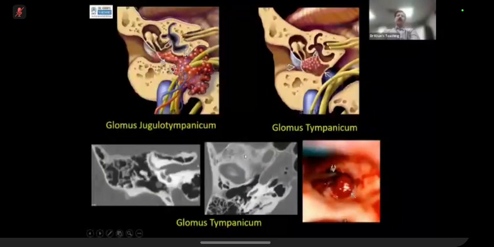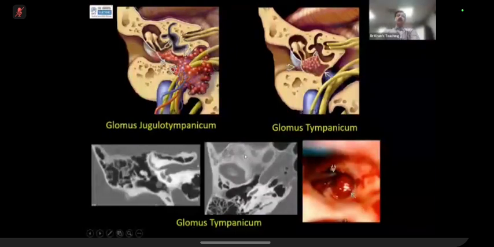Just like I was giving you the example of cholesteatoma versus epidermoid, when it is in the intracranial cavity or the calvarium, we call it epidermoid, and in the temporal bone, we call it cholesteatoma. Similarly, in head and neck, we call it a glomus tumor, and in adrenal, we call it a pheochromocytoma. Histologically speaking, it's similar. Anatomy or the location changes.